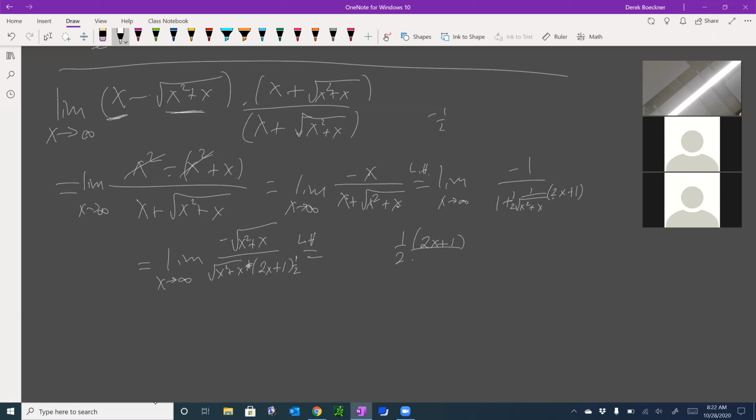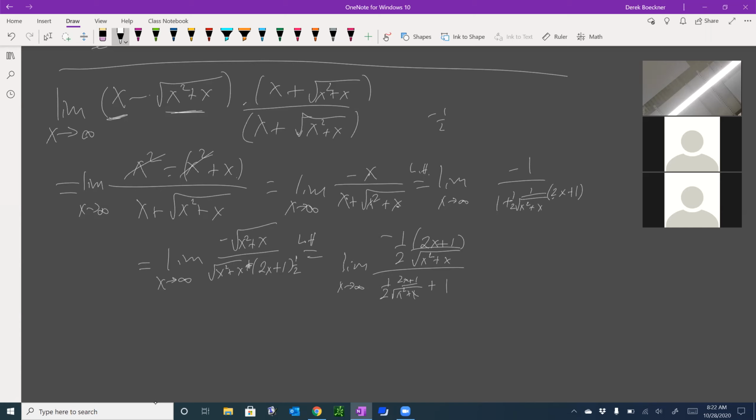And I should get a 1/2 here, square root of x squared plus x. Still got a minus sign floating around there. Here, I've got a 1/2, 2x plus 1, square root of x squared plus x. And then I've got a plus 1. And this is just going to keep giving me the exact same thing.